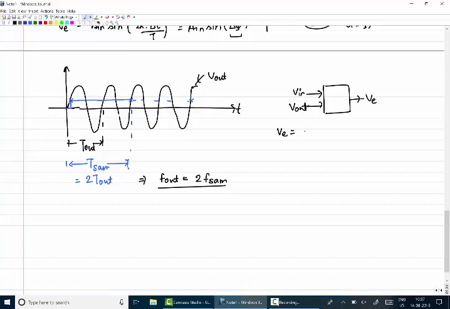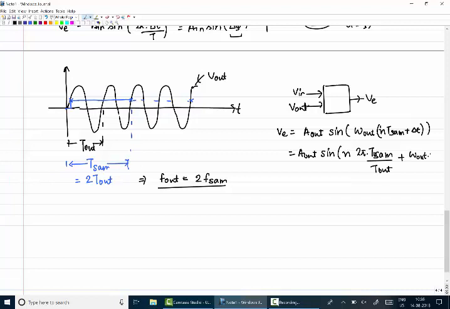Then my V error will be A out times sine of omega out times t plus whatever sampling. What is my sampling time? My sampling time is n times t sample plus delta t, whatever the offset is from the zero crossing, right? Now this is equal to A out times sine of n omega out, let me write omega out in terms of t sample and t out, plus omega out delta t.